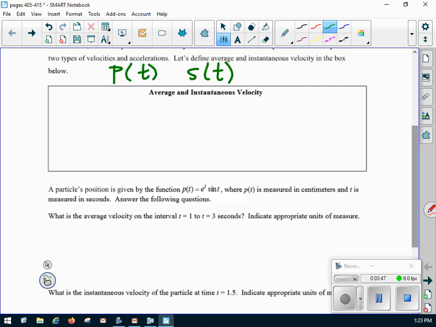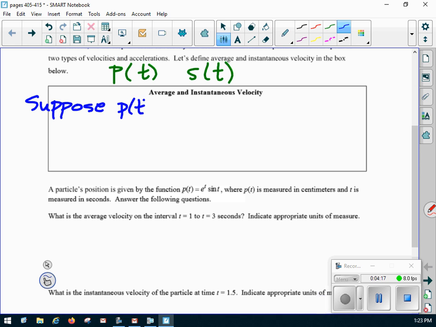The reason that's an S oftentimes for position is something to do with physics and letters that they use. V is for velocity, A is for acceleration, and S is for position. All right, average and instantaneous velocity. Now we're going to be using t as our variable. We will not be using x. We're going to use t for time.